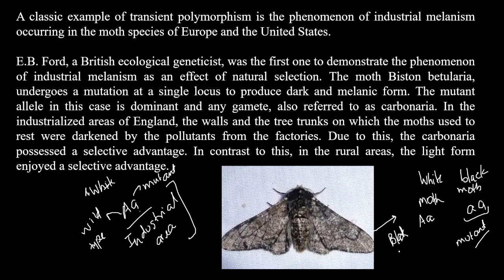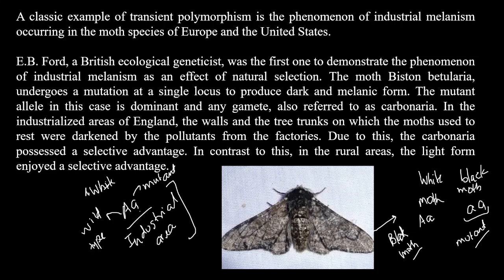And what is the advantage of becoming black? Because the surrounding insects cannot find and identify these moths, since the industrial place is also black. They are unable to differentiate between the trees of that forest or industrial region and the moth, and that is how they protect themselves. In the case of the rural area, this becomes the opposite.